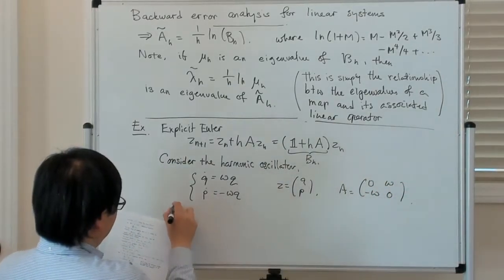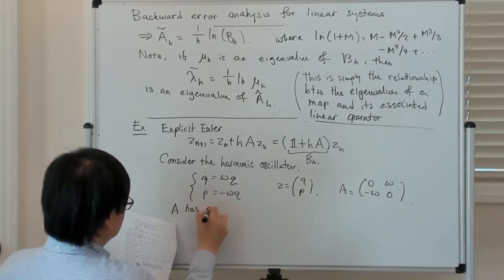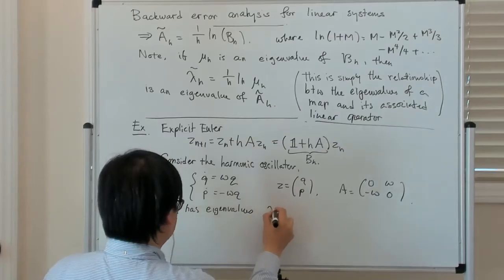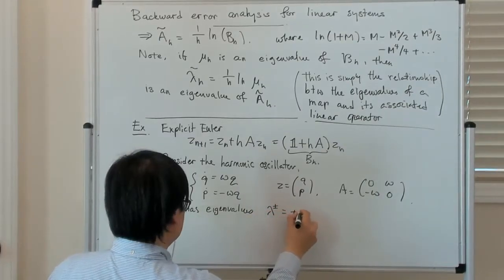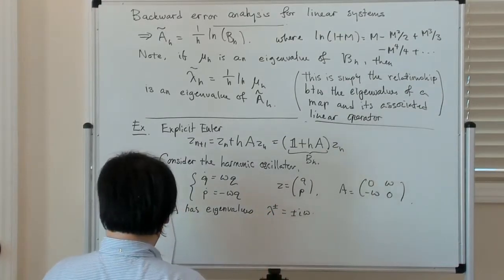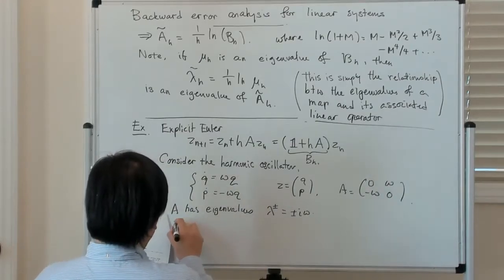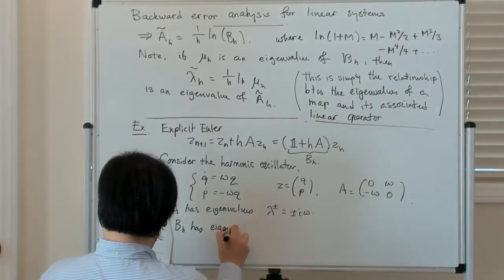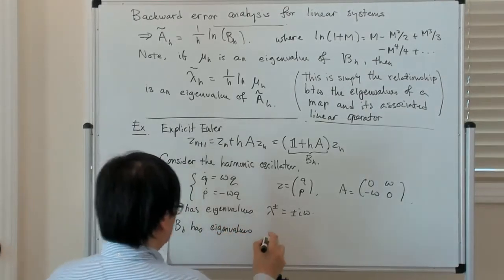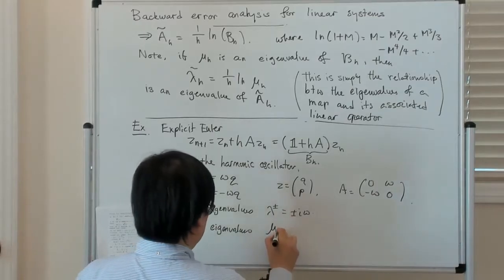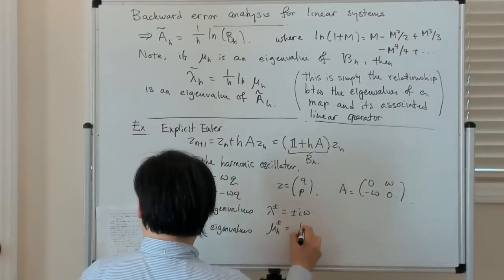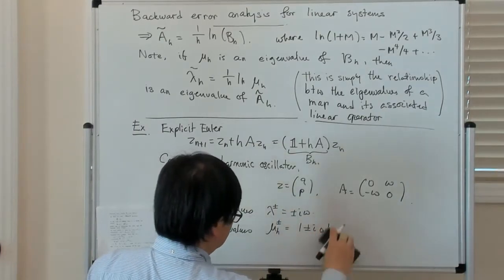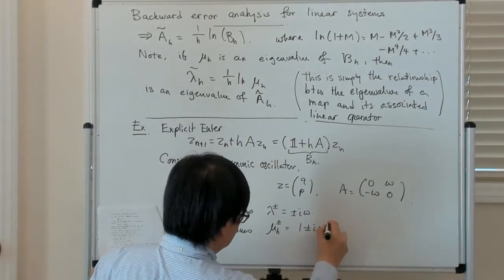So you know that A has eigenvalues lambda plus/minus, which are just plus/minus i omega. And then B_h has eigenvalues, let's call them mu_h plus/minus, which are 1 plus/minus i omega h.